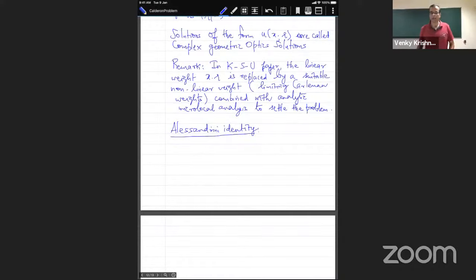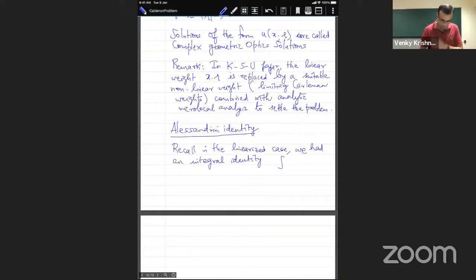Remember that when we considered the linearized Calderon problem, we ended up with an integral equation. So recall, in the linearized case, we had an integral identity. What was the integral identity?